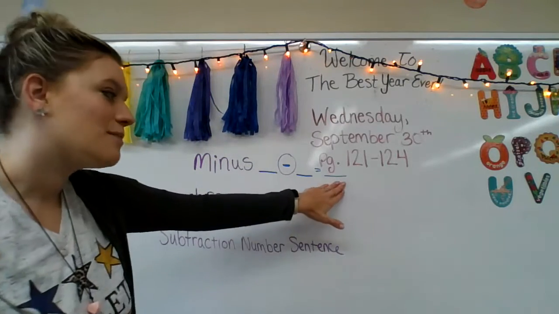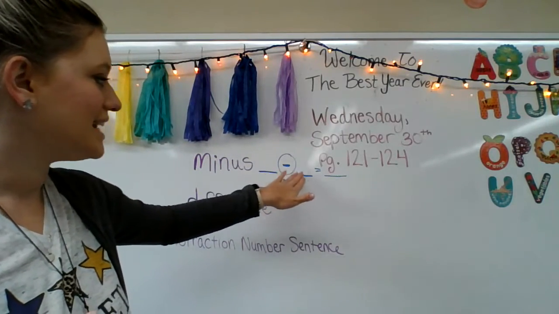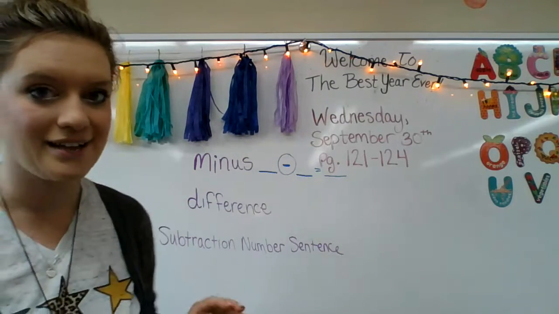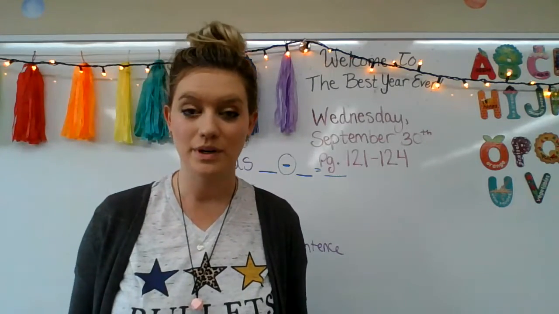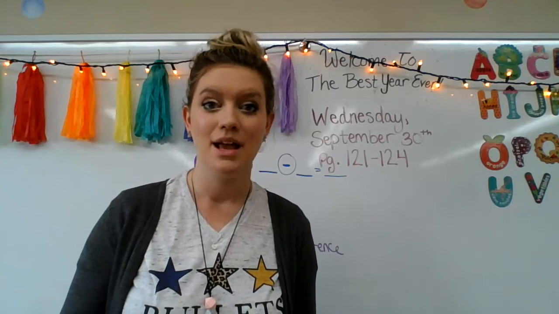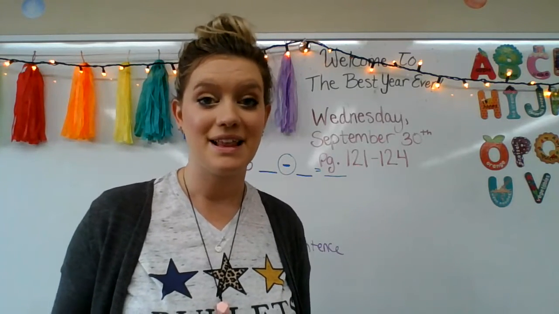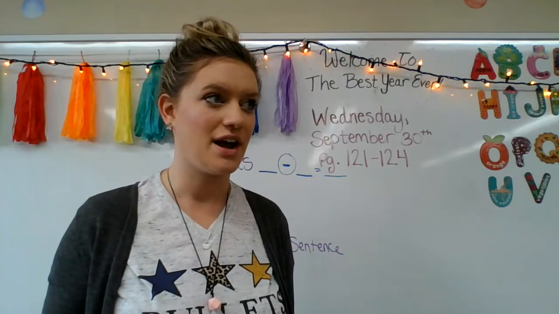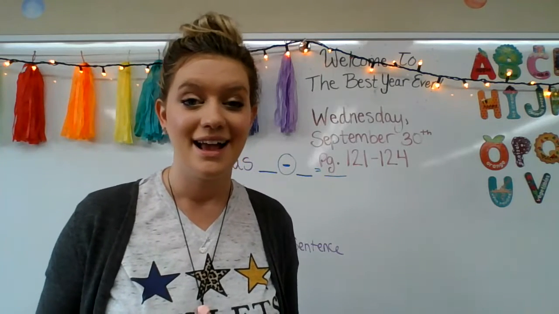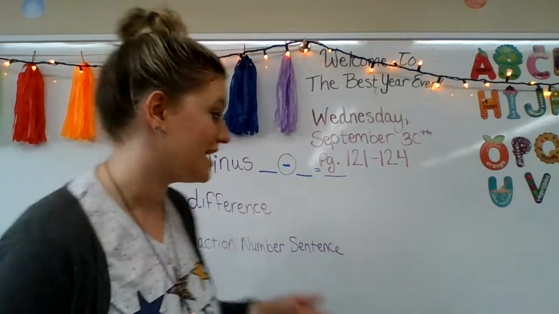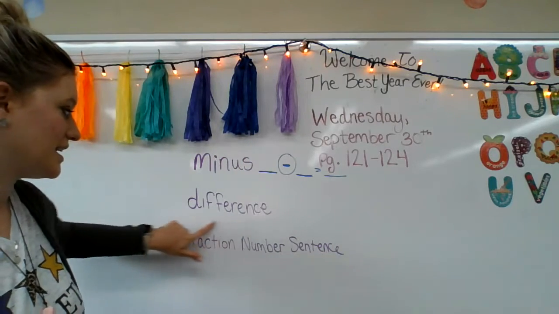Now, I said just a moment ago, I said something minus something else equals our answer. Do you remember how we had the word sum last time? We said the sum of 3 plus 2 is 5. And that was our sum. That was kind of our extra word for answer. This time, our word is difference.